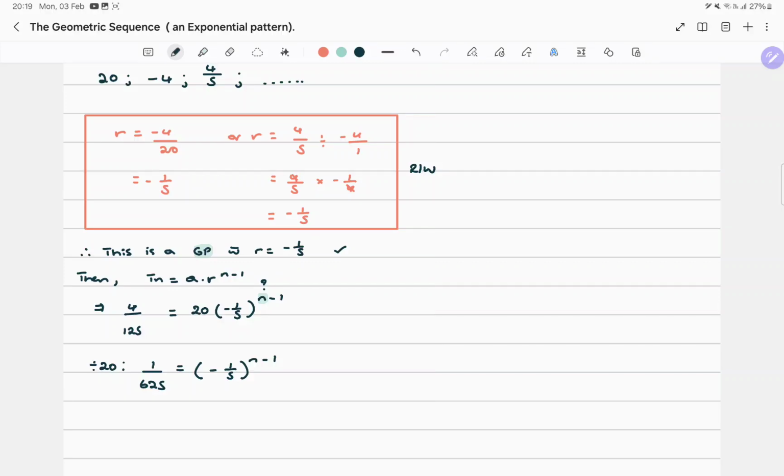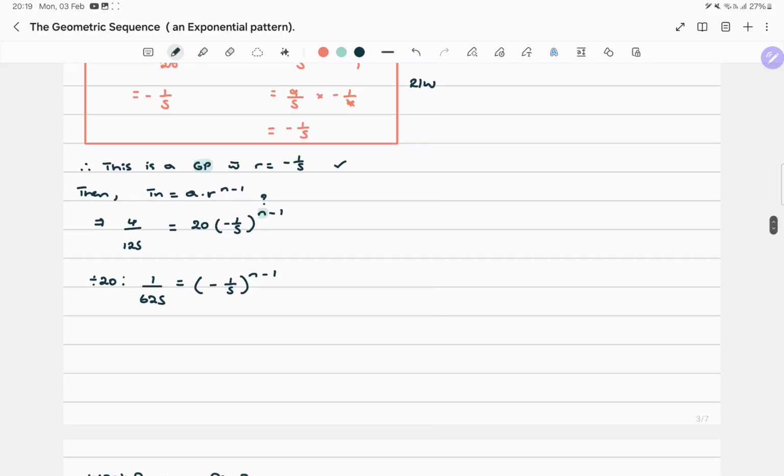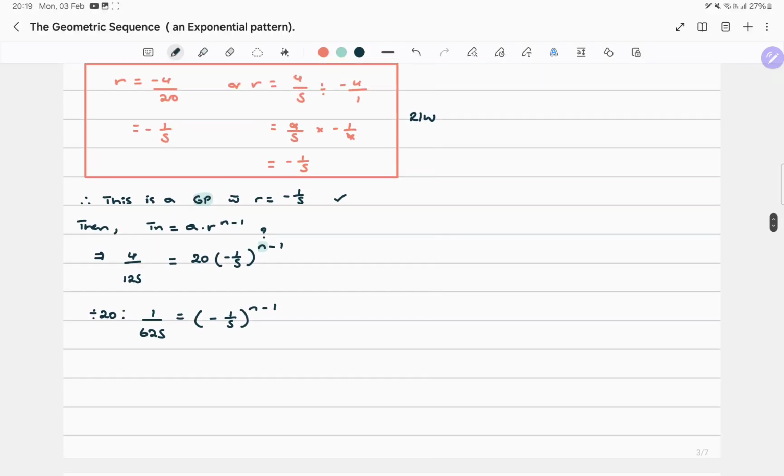Okay, so the question is, can we express this 625 as a power of 5? Let's check it out. Okay, I'm running out of space. So we can say 625, and then we press shift, fact, this will give us this number in terms of its prime factors.